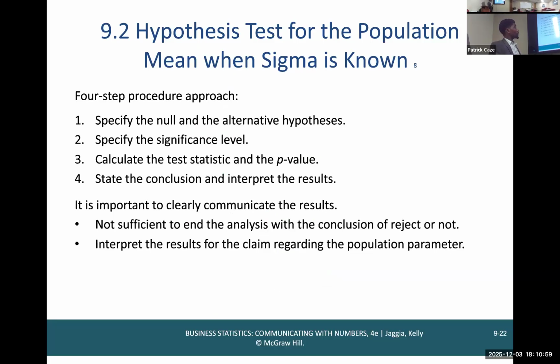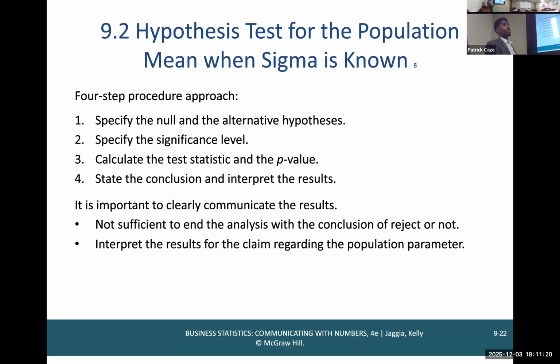So the 4-step procedure is: specify the null and alternative hypothesis, specify the significance level, calculate the test statistic and the p-value, and then state the conclusion and interpret the results. So you're going to say what the null is, which will be given to you for the most part, and then you're going to come up with the alternative, which is just the opposite of the null.